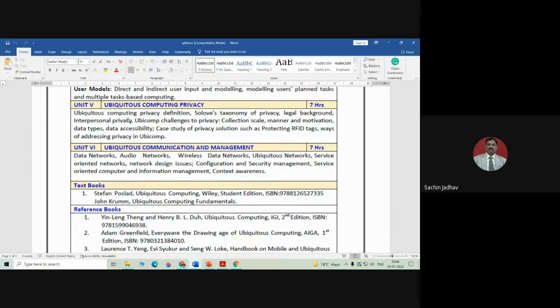Many times, one example I would like to tell you: whenever you are registering for any service, maybe Google or another online registration page, there is one statement that this information is utilized with the sister concern organizations, and for that purpose we will use only this information, right? And you need to check it. That means you provide access to that particular information, and you are agreeing that the information will be given to them and they will utilize it for this.